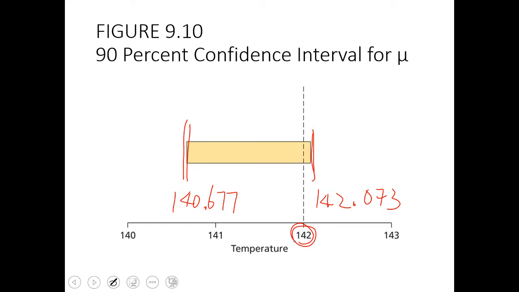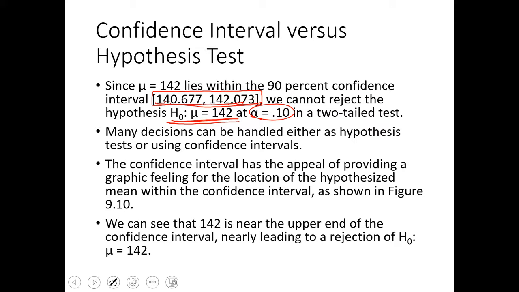And our benchmark value is included in this confidence interval. So 142 is included in this confidence interval. So that's why we cannot reject the null hypothesis with the 90% confidence interval. Okay? That is the relation between confidence interval and hypothesis test.